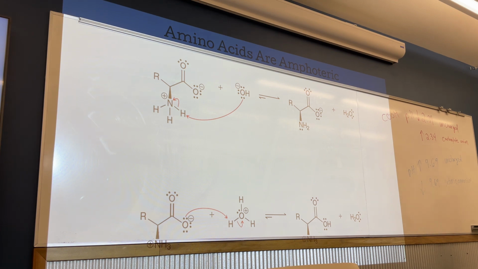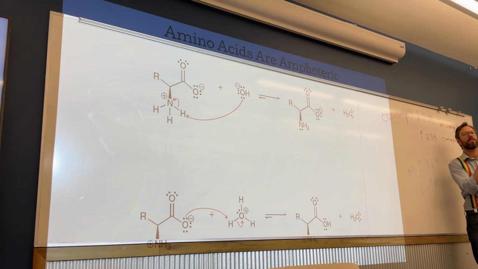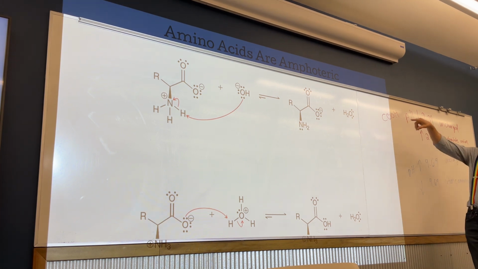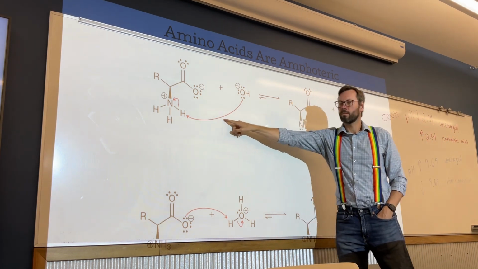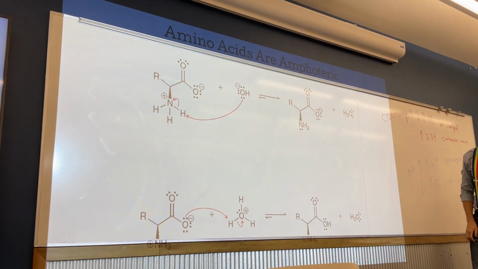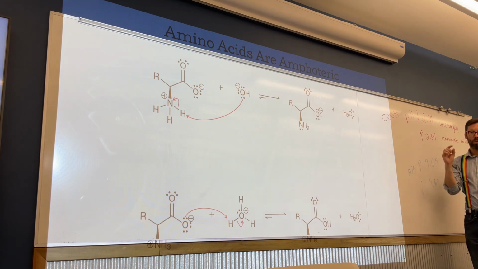All right, so as I mentioned, amino acids are amphoteric, meaning they can be positive or negative, which makes them acidic or basic, right? So in that first reaction here, we're treating the amino acid with a base, right? So if we're treating it with a base, what is it doing? It's taking a hydrogen off. So what is that amino acid serving as?